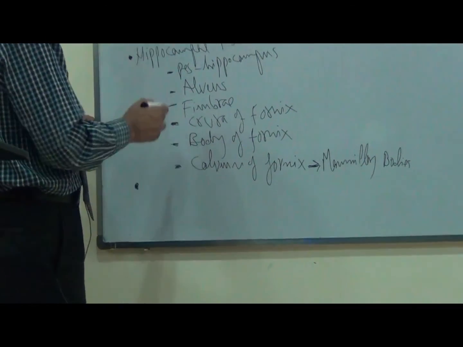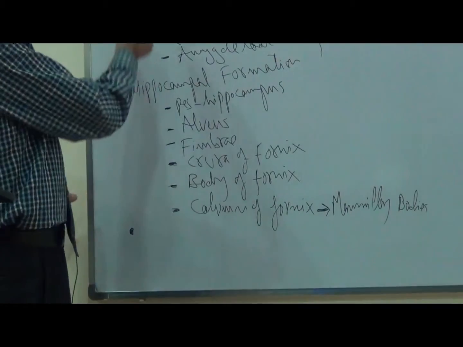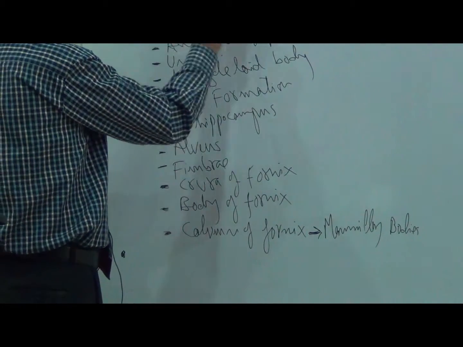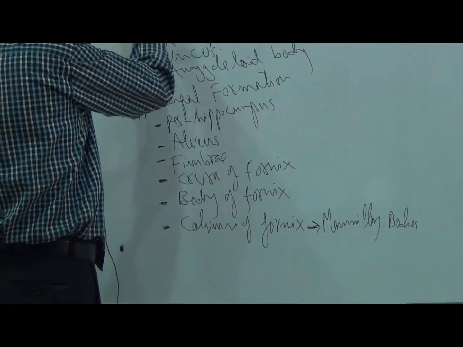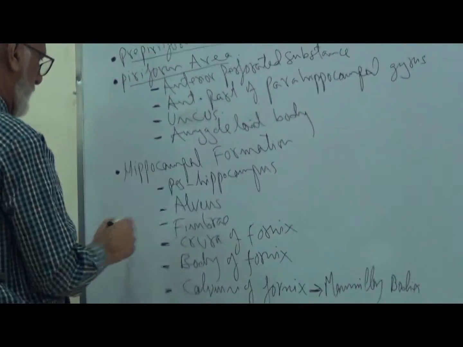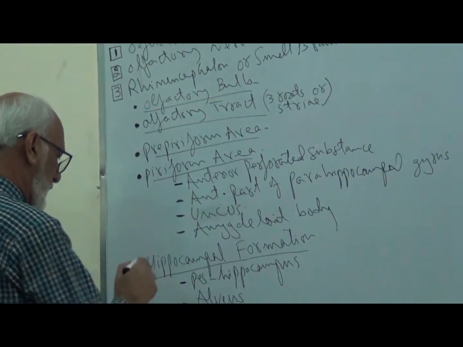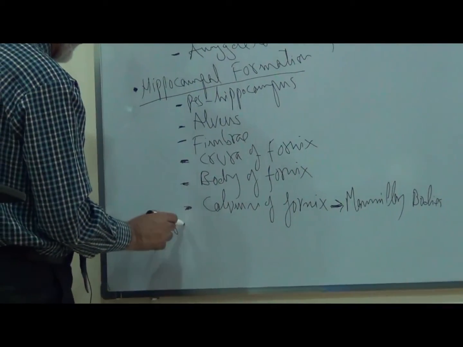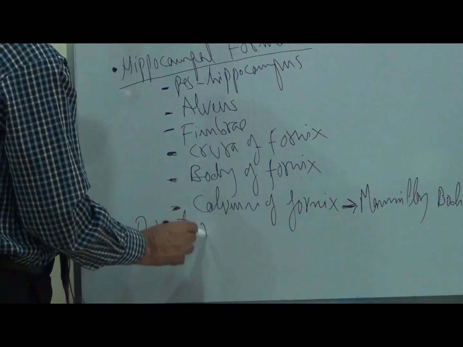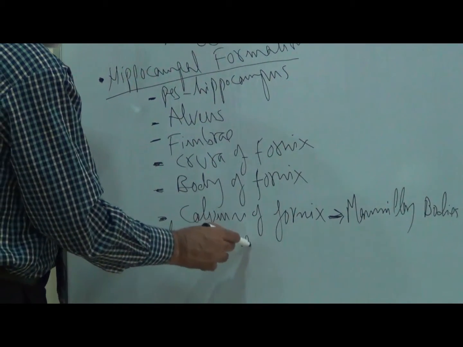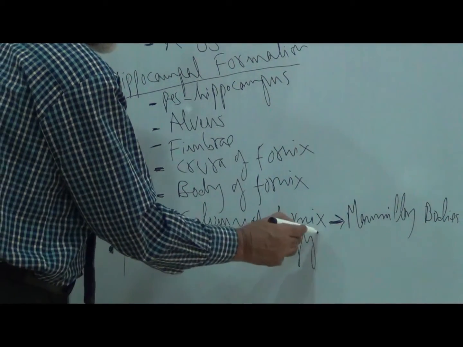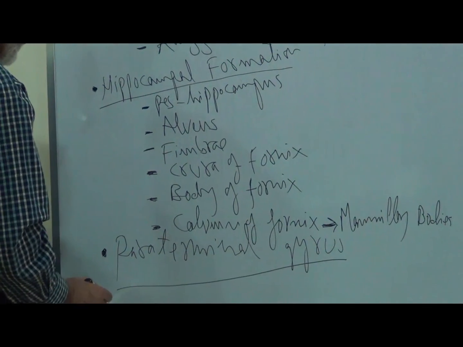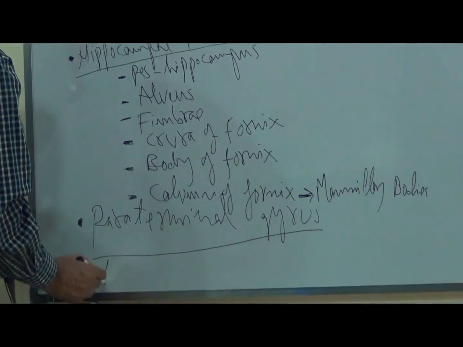Next components are the paraterminal gyrus and the habenular complex.